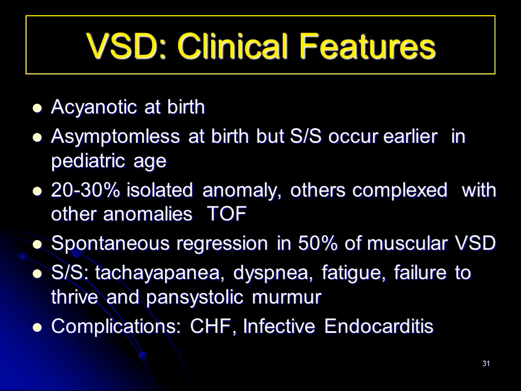A large pansystolic murmur with a thrill is a diagnostic physical examination finding. Larger defects may eventually be associated with pulmonary hypertension due to increased blood flow leading to Eisenmenger complex. The most important clinical complications of ventricular septal defect are congestive heart failure and infective endocarditis.